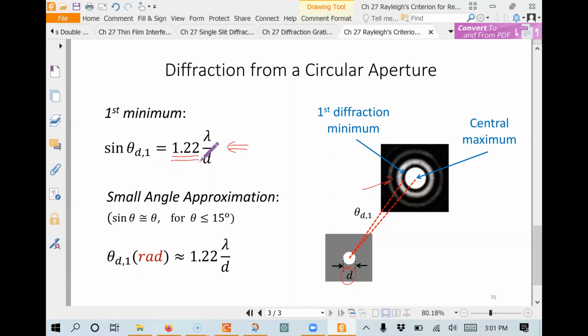Whenever we're looking at this angle, theta 1, it's always a very small angle, less than 15 degrees, but we have to use radians, so we can say that sine theta is approximately equal to theta. So we can simplify this a little bit further, and this here is Rayleigh's criterion.